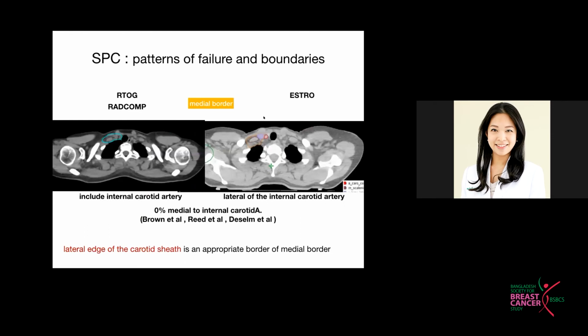For the medial border, I think we don't have to include the internal carotid artery; we can follow SL. I think this border is appropriate because when we look at the pattern of recurrence, 0% recurred medial to the internal carotid artery. And if we follow SL guidelines, we can reduce the dose to the thyroid and esophagus.